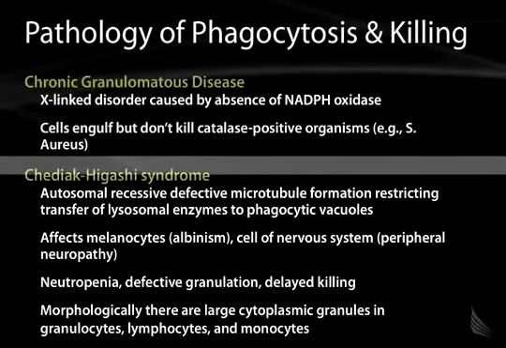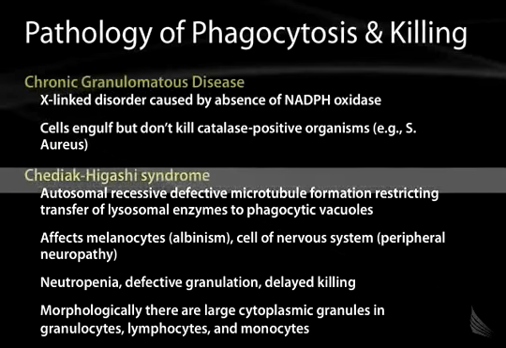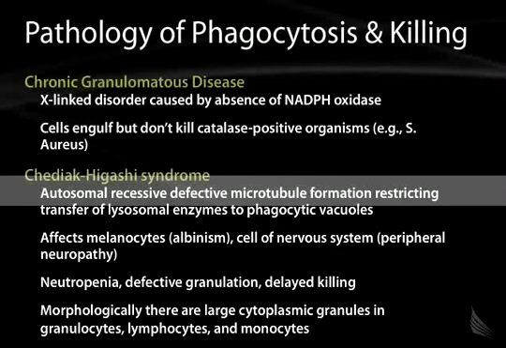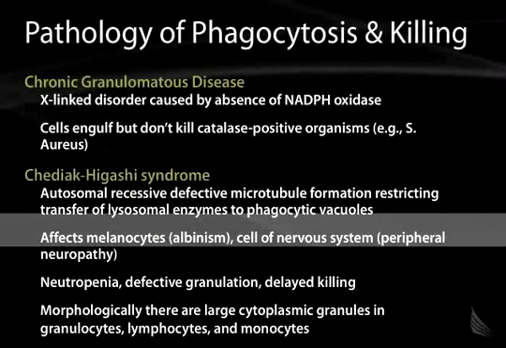Another example is a disease called Chediak-Higashi syndrome, which is an autosomal recessive defect in microtubule formation. In this case, you make the enzymes just fine, but you have difficulty making the phagocytic vesicles or fusing the phagocytic vesicles with the enzyme-containing lysosomes. It also affects melanocytes, so these people get albinism as well, and it can affect the cells of the nervous system, causing a peripheral neuropathy.